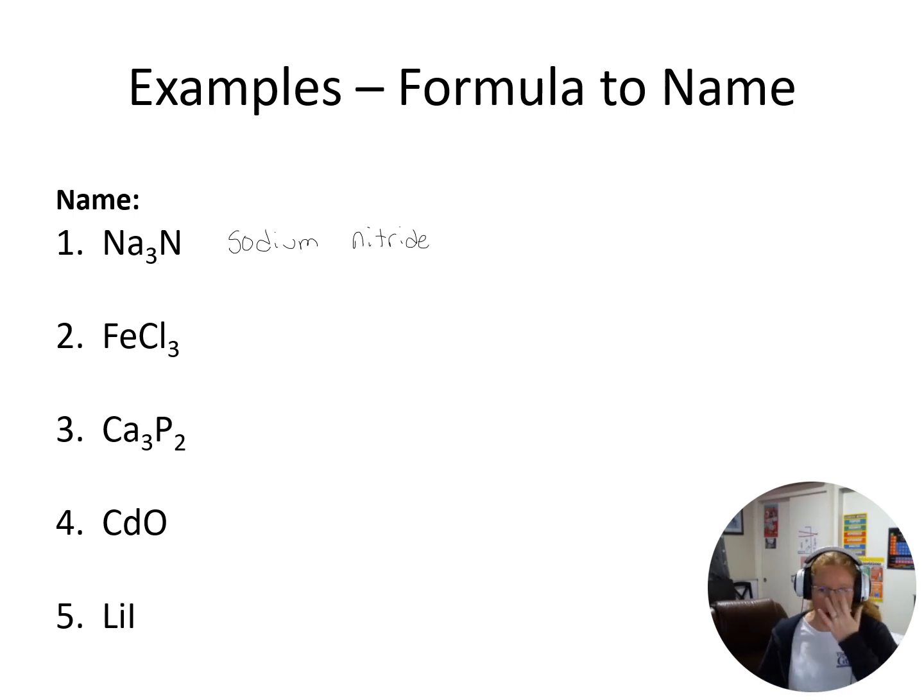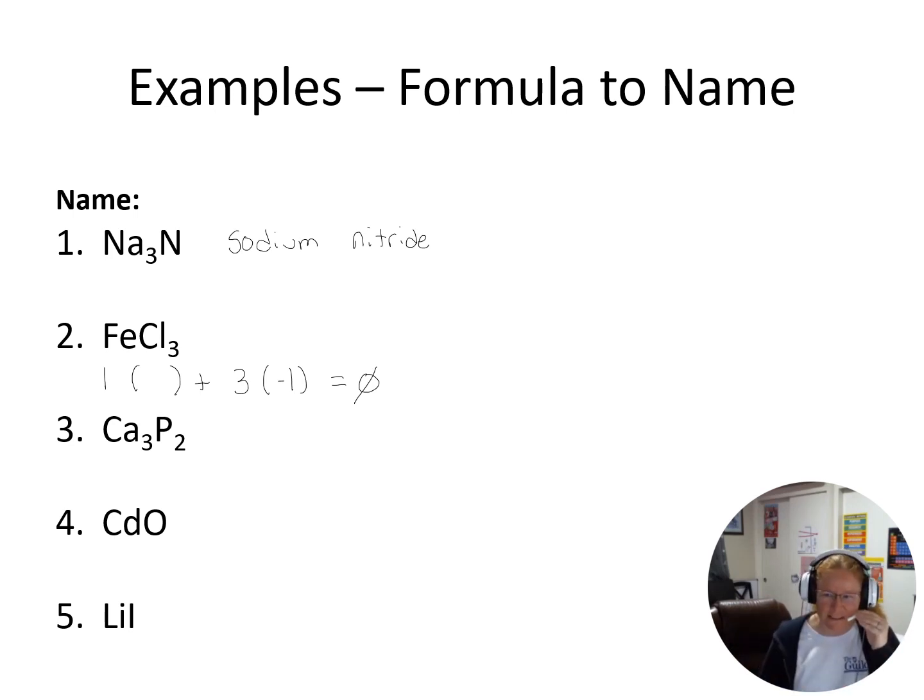Okay, now iron. Iron is in the transition metal area, so now I can't just name this iron chloride. I need to know which iron I'm talking about. So I'm going to have to check my charge balance. So I have 1 iron at some charge plus 3 chlorides, each at a -1 charge. Has to give me 0.